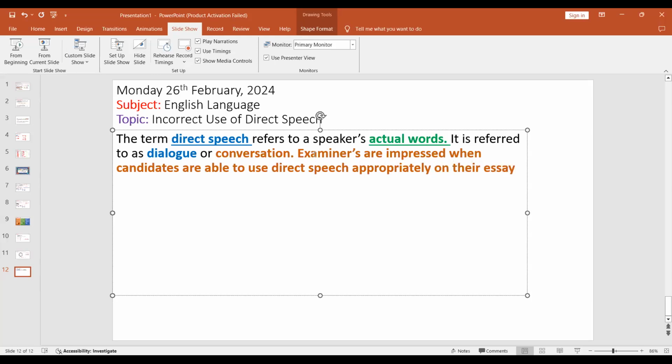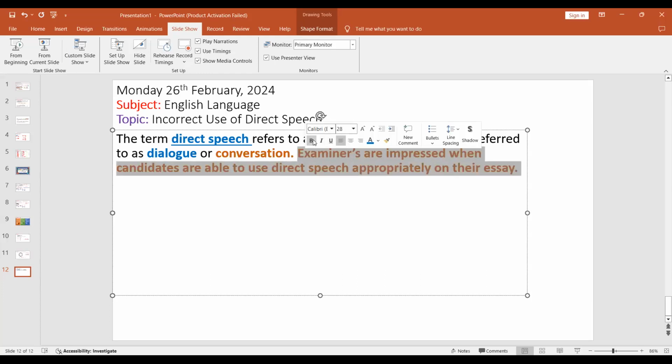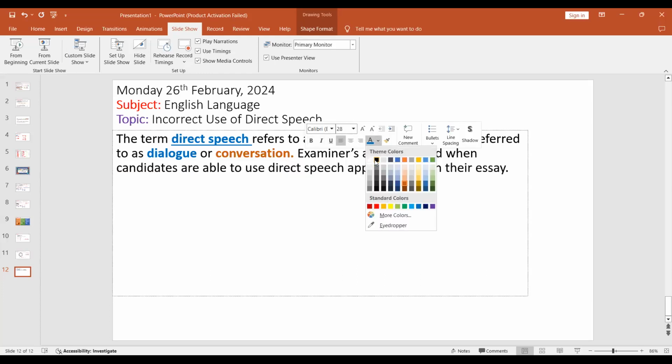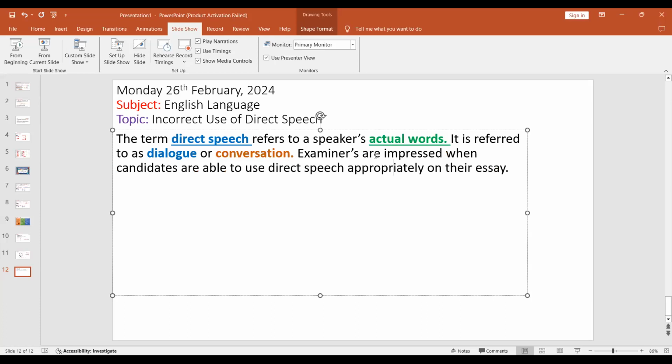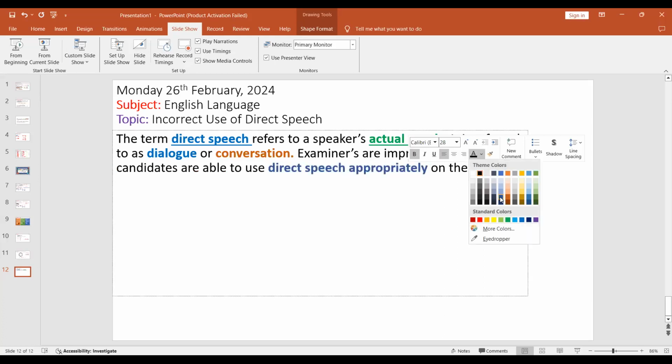So you have to make sure that you understand how to use dialogue properly in your essays, okay? So we want to make sure that we are able to use direct speech appropriately in the right way.